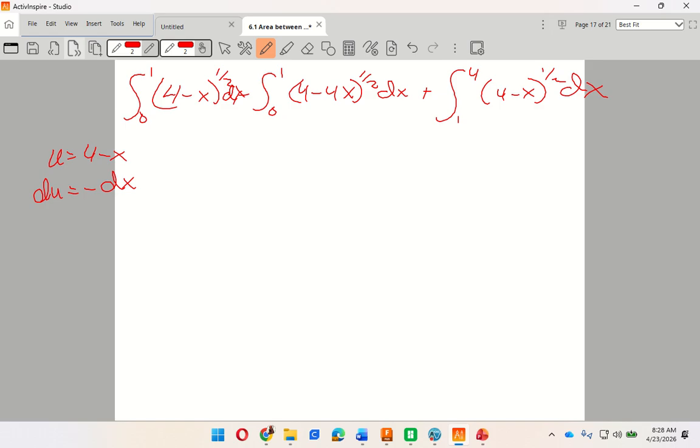So from that one right there, that's going to turn into integration from 0 to 1 of u to the 1/2 du. But what's missing? The derivative thing? Yeah, the negative. Because to substitute my du for my dx, it's going to be divided by -1. So I'm going to make that into a negative there.